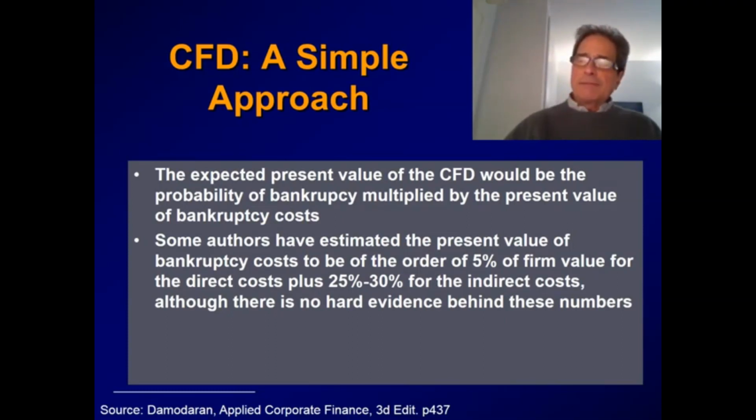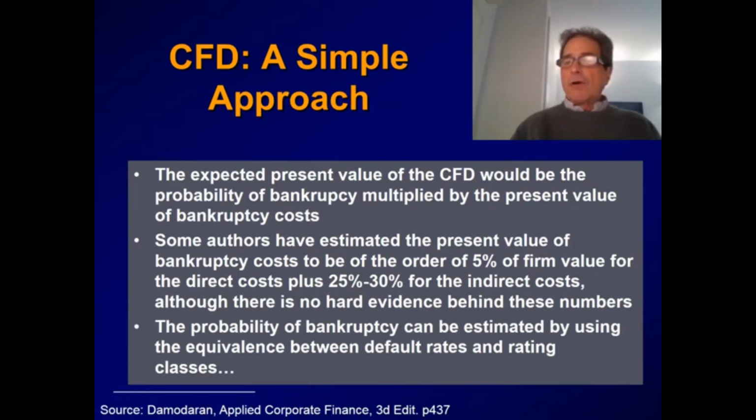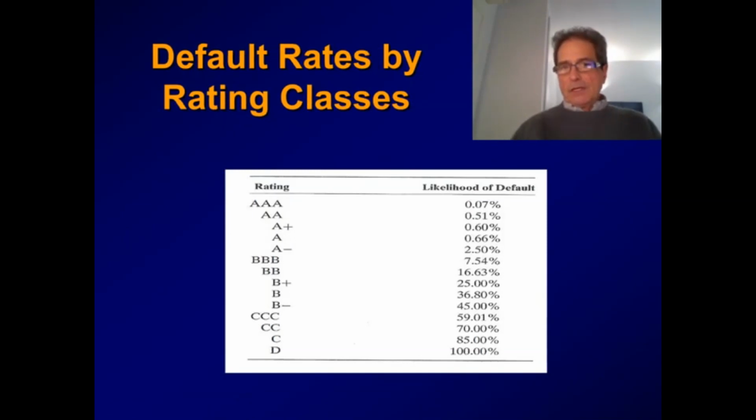And how do we get the probability of default? Well, we can get it from the rating of the debt of the firm. If the firm's debt is rated, we know that there is a table that tells us the probability of default according to each rating level.